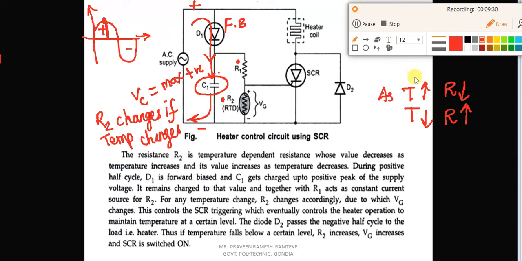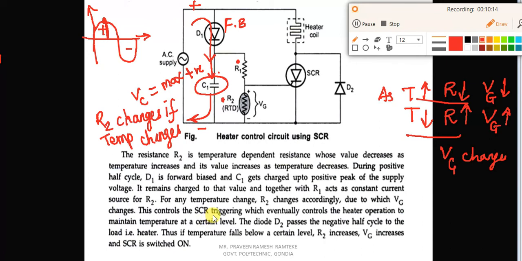Depending upon this increase or decrease in the values of the resistance, voltage VG changes. If temperature increases, resistance decreases, VG decreases. If temperature decreases, resistance increases, voltage VG increases. So for any temperature change, R2 changes accordingly, due to which the value of VG changes.